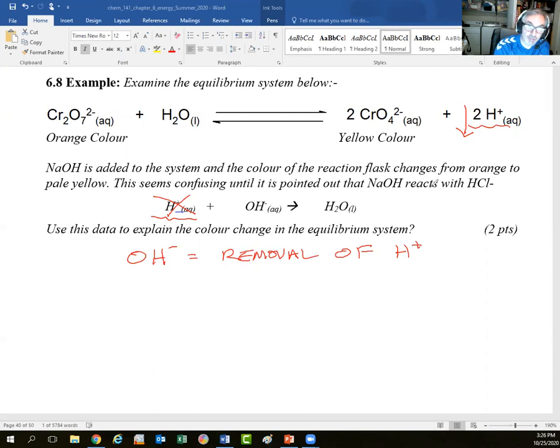We have used them up for this much more aggressive, rigorous reaction to produce water. The system sees this, and Le Chatelier tells us that when a chemical is removed, like hydrogen ions, the system will compensate by moving towards that chemical.